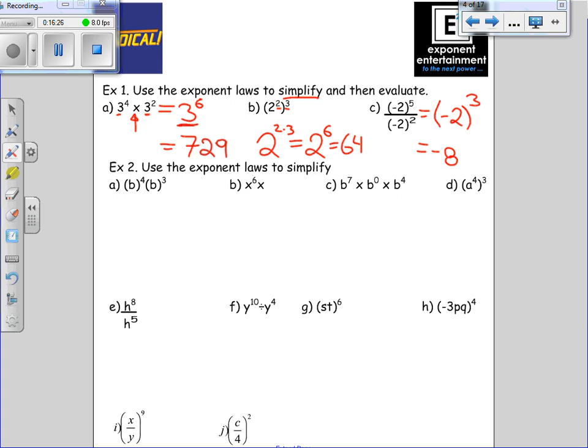You add them. Just do the ones in the book.